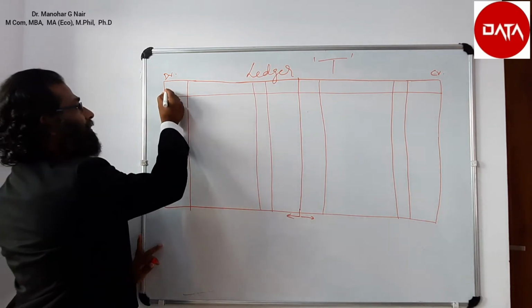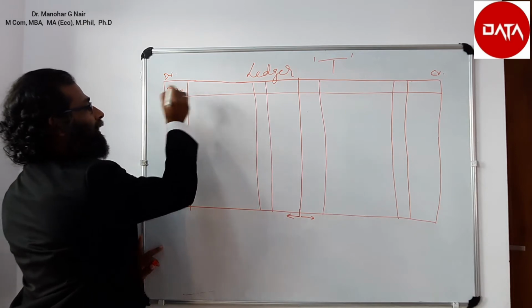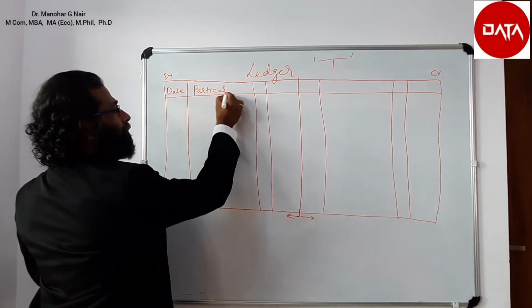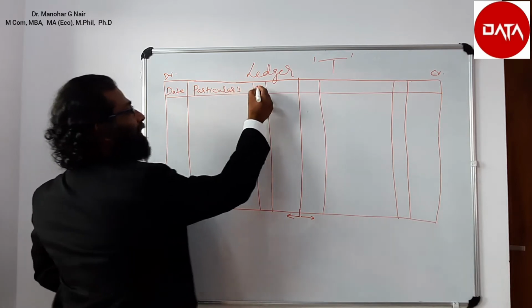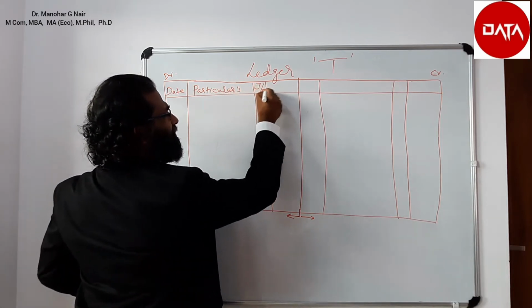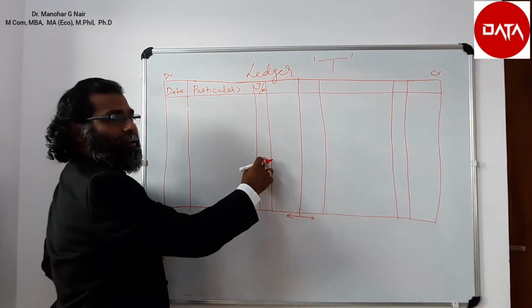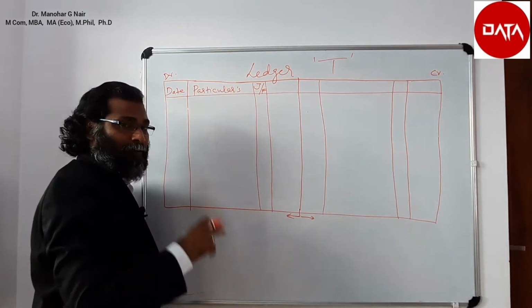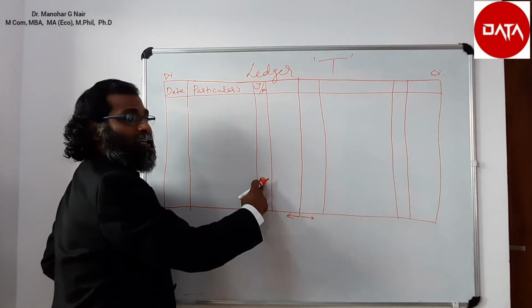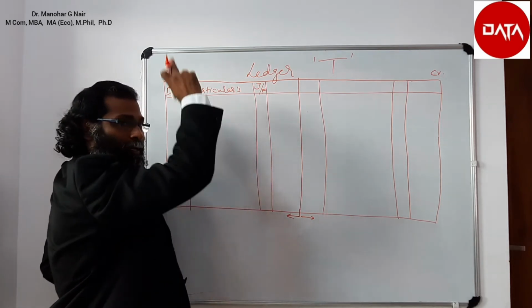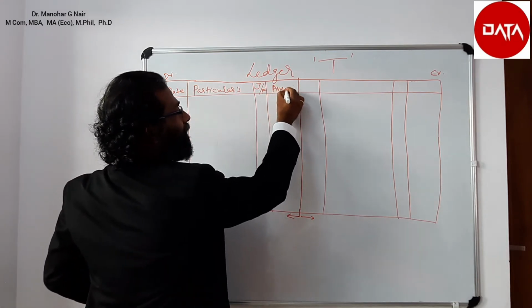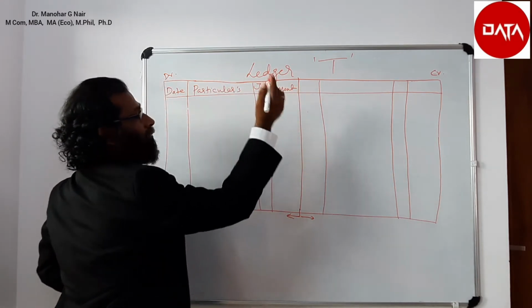The first column is the date column, then particulars, then journal folio, which means the journal number will be written here. In the journal we wrote the ledger folio, but here we will be writing the journal folio. The folio number of the journal will be written here. Then amount, that means the debit amount.